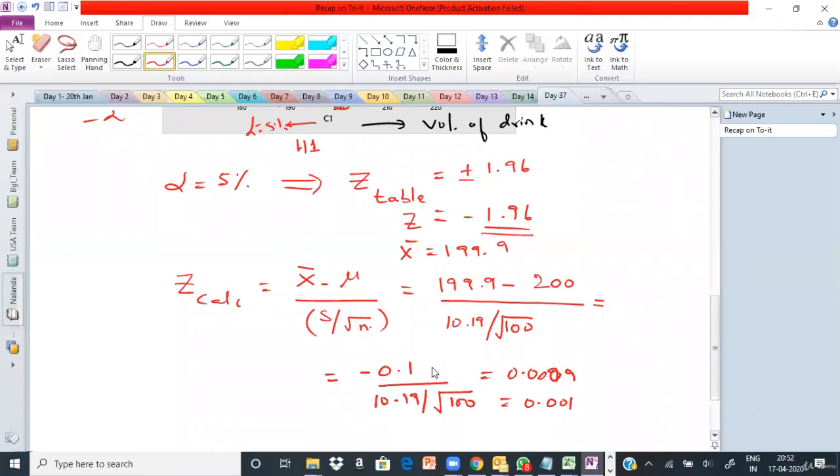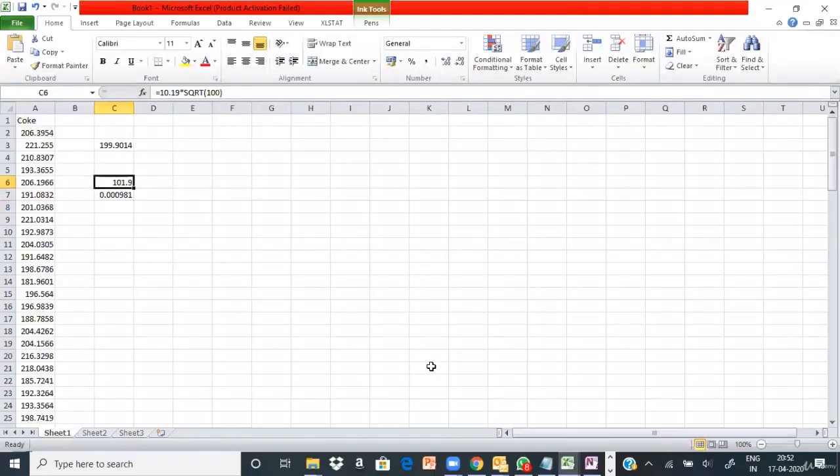Oh, sorry, this is not right. I made a mistake. That's what I was thinking: how come probability is going to be 0? This is divided by. Okay. Yeah, correct now. Now this is 0.98.